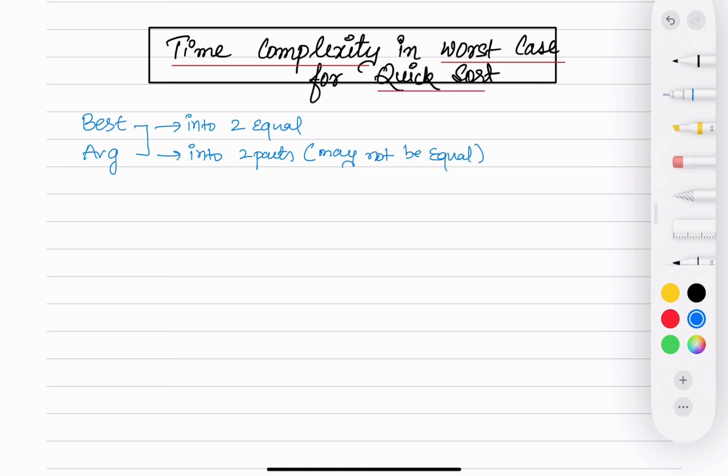We have discussed that it was n log n. We derived this result in our previous video. So let's talk about the worst case scenario.